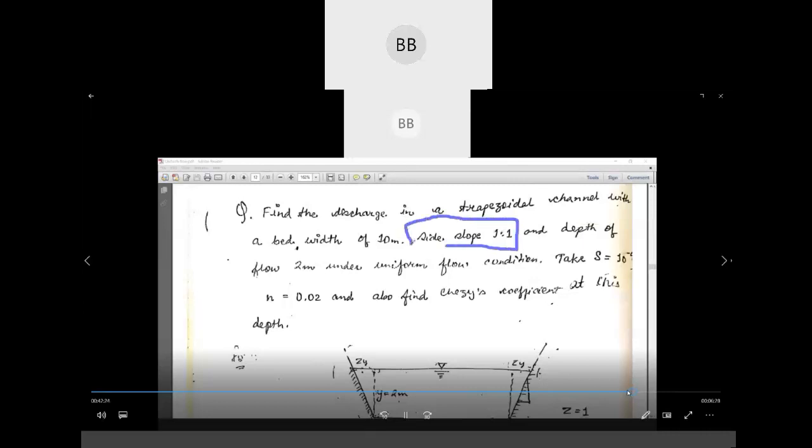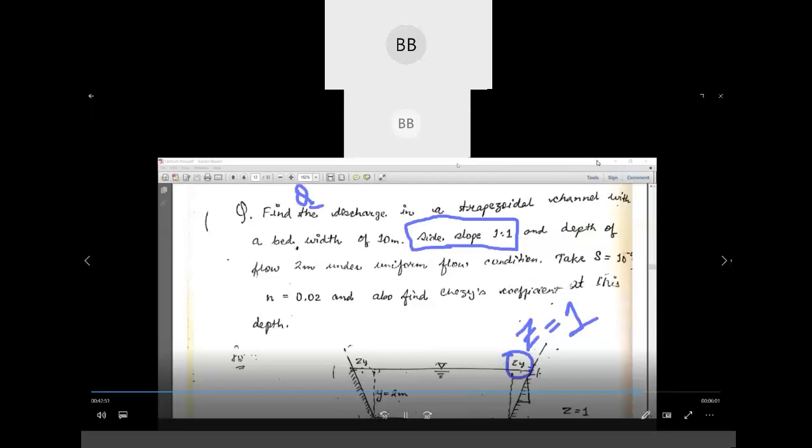You can directly consider your Z value is 1. So when your side slope is given 1:1, you always remember your Z is equal to 1. So you try to solve this problem.